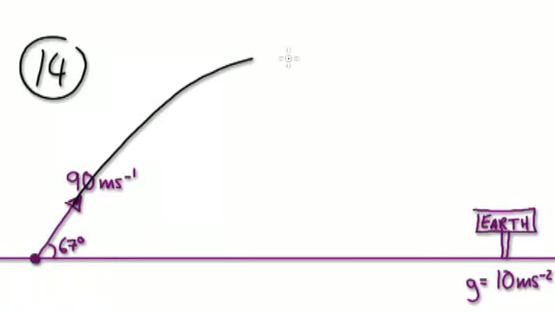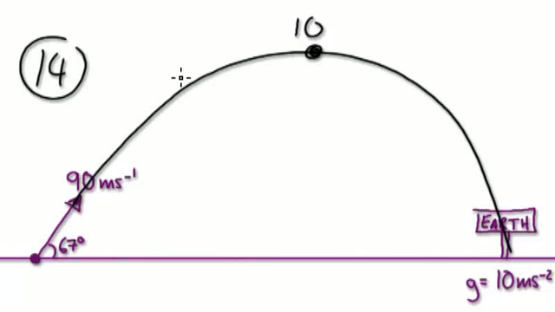Okay, so when you fire it, you don't know where 14 seconds is. So work out the time it takes to get to the maximum height. Let's say if it takes 10 seconds to get to the maximum height, then you know 14 is on its way down, so it will be somewhere over here. Let's say the maximum height is 20, then you know 14 is going to be around here.